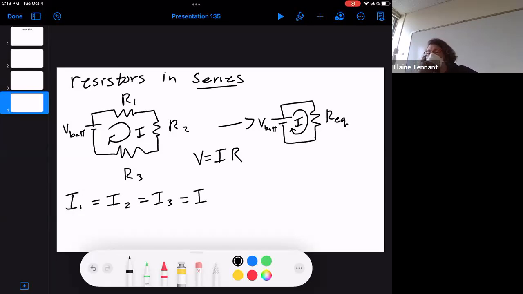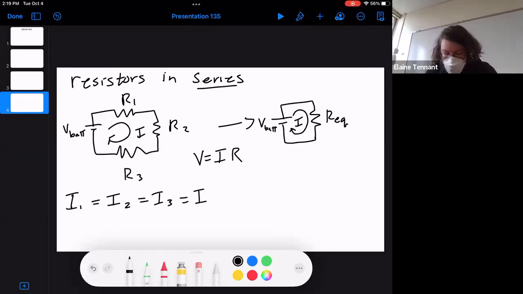Okay, so that's current. What about voltage? Can we say the voltage is the same across each of the 3 resistors? No. If they're all the same resistors, sure, but if they're different resistors, maybe they'll be different.